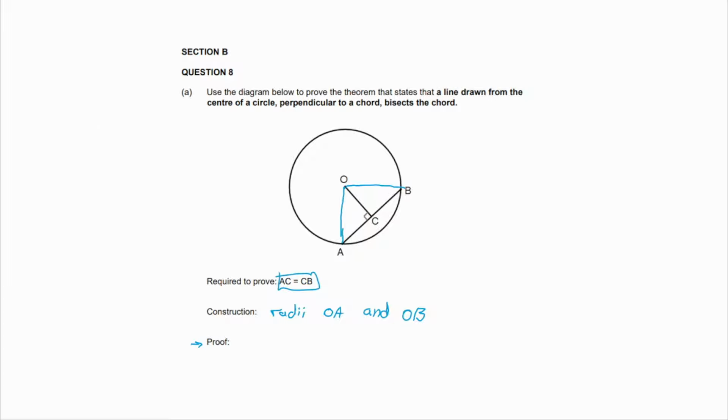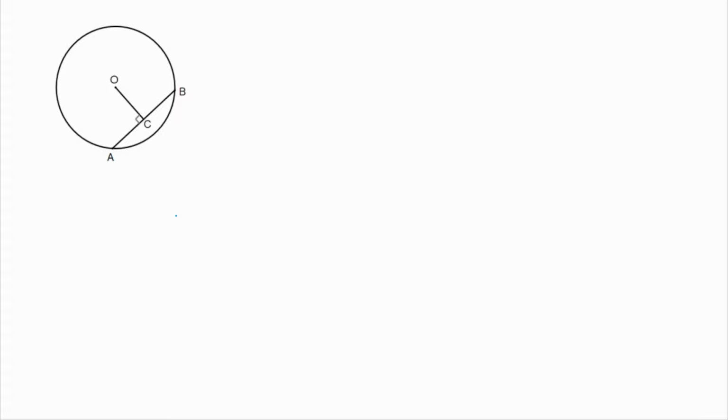Okay, so we've constructed those radii, and then obviously we need to do congruent triangles. So let's move over here. We have just constructed that. So we're doing congruent triangles, so we're going to say in triangle OAC, and it's very important that the triangles align.